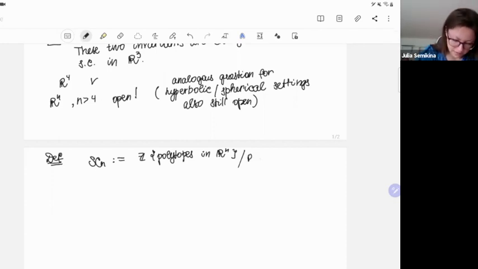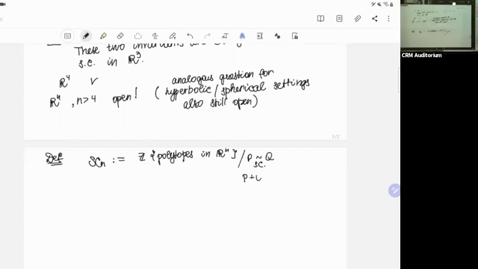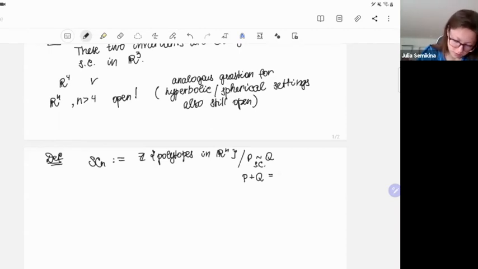So if we have two polytopes that are Scissors congruent, then we quotient out this. And we say that the sum in this group is just given by disjoint union. But we also quotient out this relation. And we call this the Scissors congruence group. And the question is, what is this group?